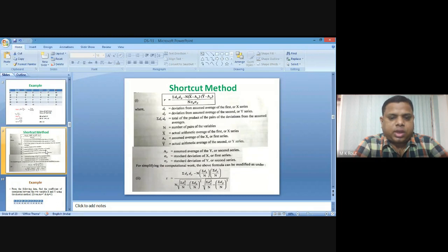As you know, x bar is the actual arithmetic average of first series, and ax stands for assumed average of x. Similarly, y bar stands for actual arithmetic average of second series, and ay stands for assumed average of y series. And the last one is the standard deviation, that is sigma x stands for standard deviation of x series, and sigma y stands for standard deviation of y series. Just note down all the notation and the formula. Then we proceed to calculate an example.